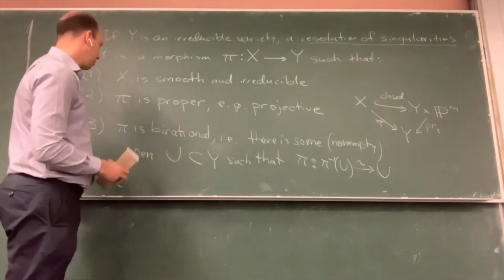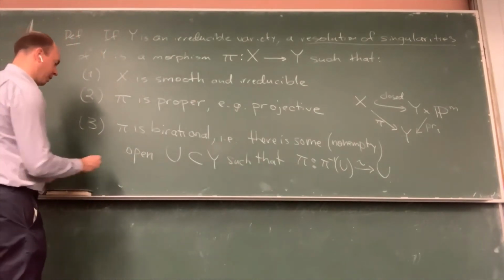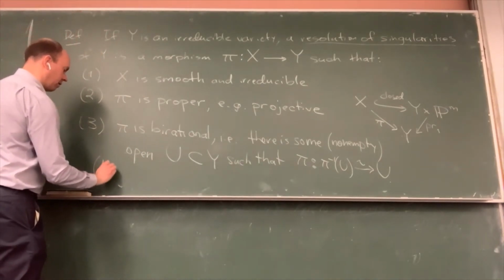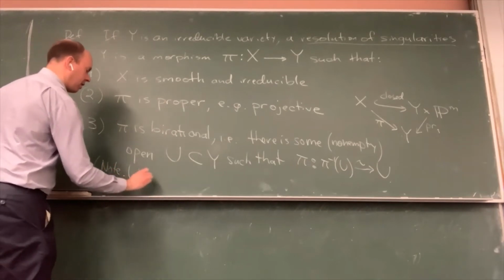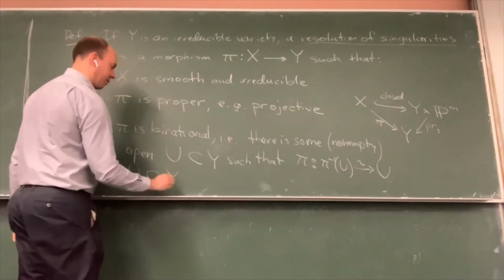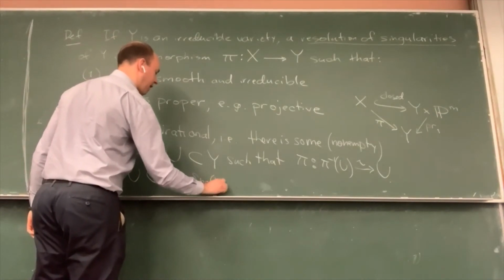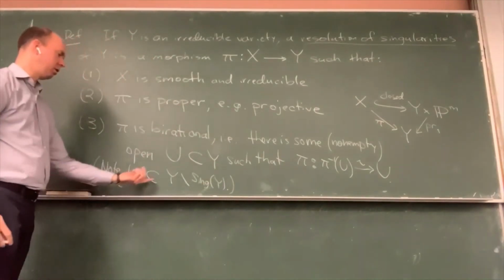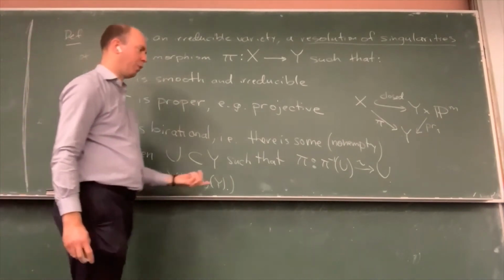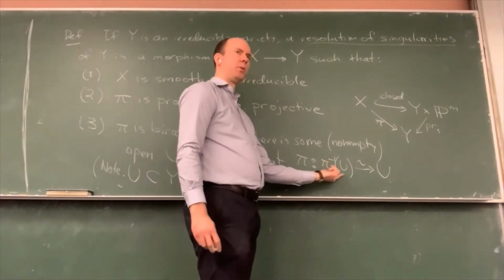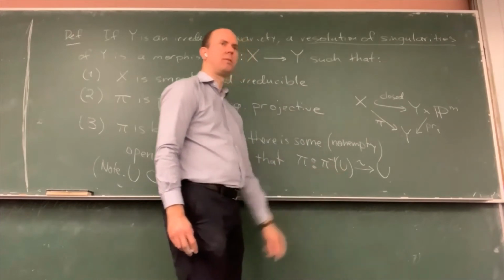So this U is necessarily going to be contained in the regular locus of Y. If you throw away the singular points of Y, U will live inside there because it's isomorphic to an open subset of a smooth thing. So U itself is smooth.